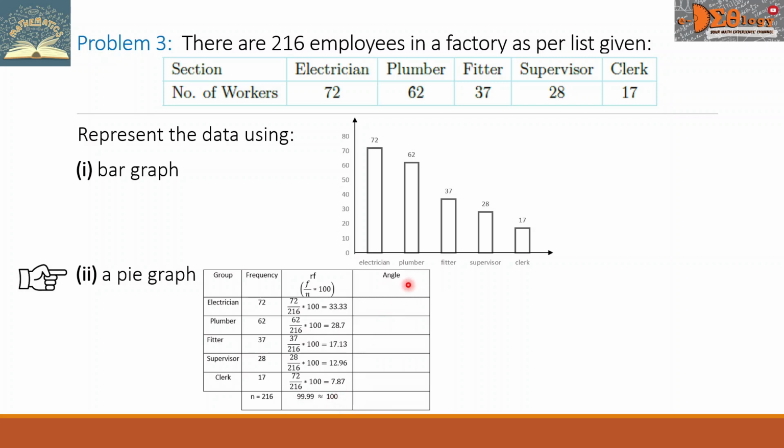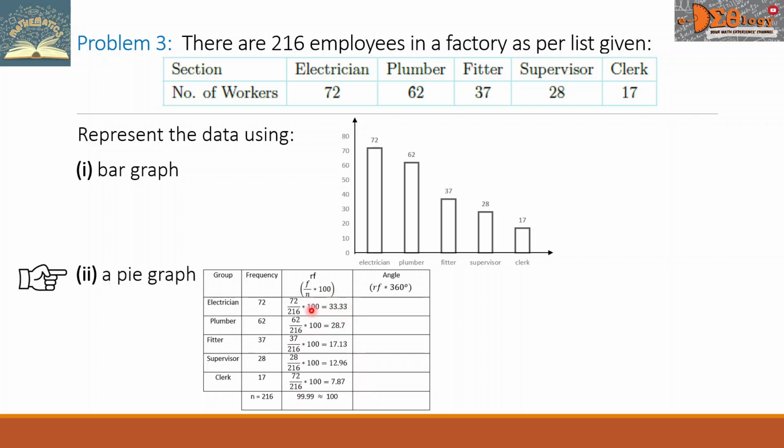Next, we compute the corresponding angle with regard to 360 degrees. So the relative frequency in decimal we multiply by 360 degrees. Here is 33.33. Remember, this is in percent.